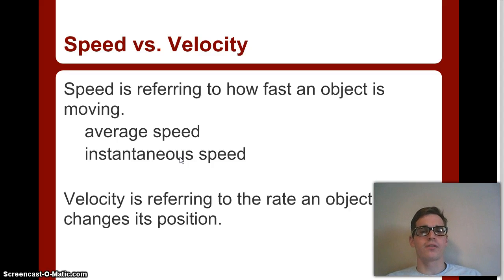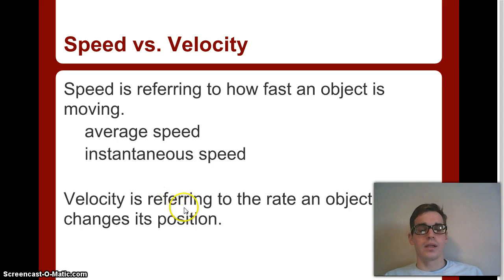So if we're driving from Logan to Salt Lake, there are times when you're definitely going to be going faster or slower than 60 miles an hour. So if you're one of those hot rods that likes to go 90 miles an hour around the interstate, after you get out of Brigham City, you might be going 90 miles an hour at one point. And that would be your instantaneous speed. That's the speed that you're traveling at one point.